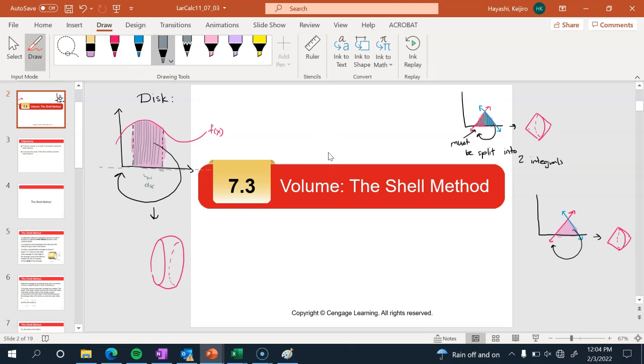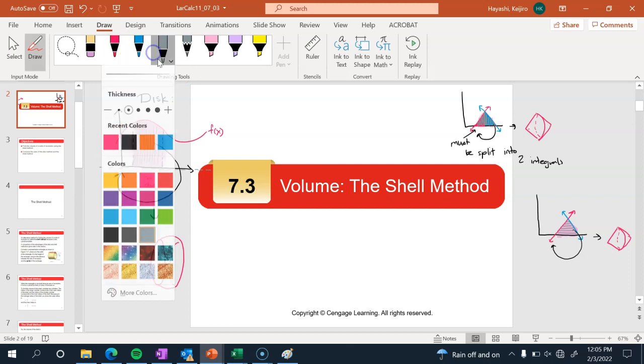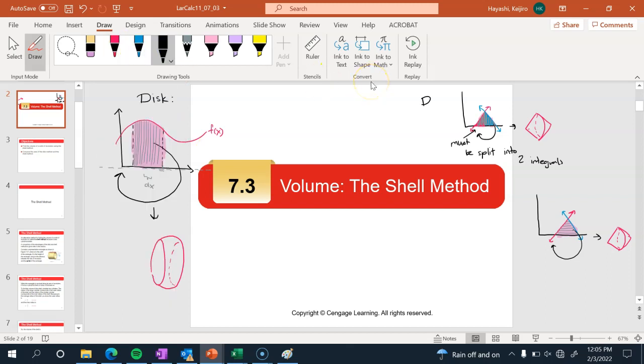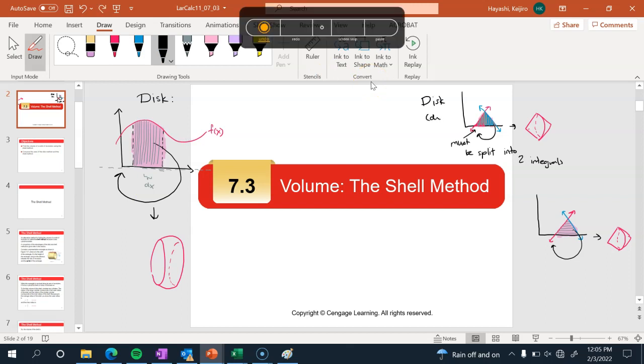But we're going to imagine that we know a way to integrate this that allows us to take the slices this way. And if we do this integral dy, so again, this is disk, and as a consequence, it's dx.